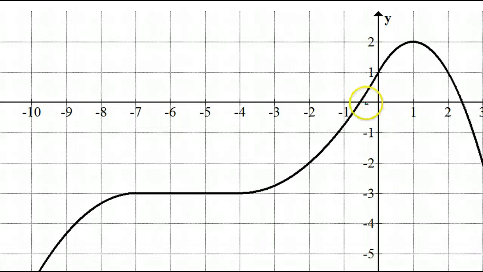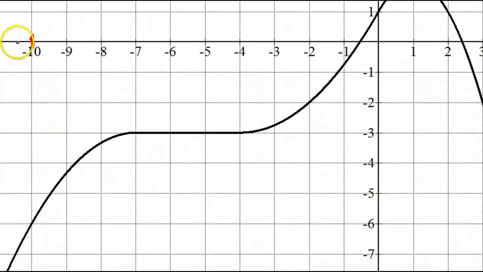Here's 0. So we look over until we get to -10. Here's an x value of -10. I see that the function is down from here. So I look down, down, down, down, down, and kabam! Here's where the y value is at an x value of -10. In other words, what we have here is the point -10, comma, -6. So -6 is the y value.